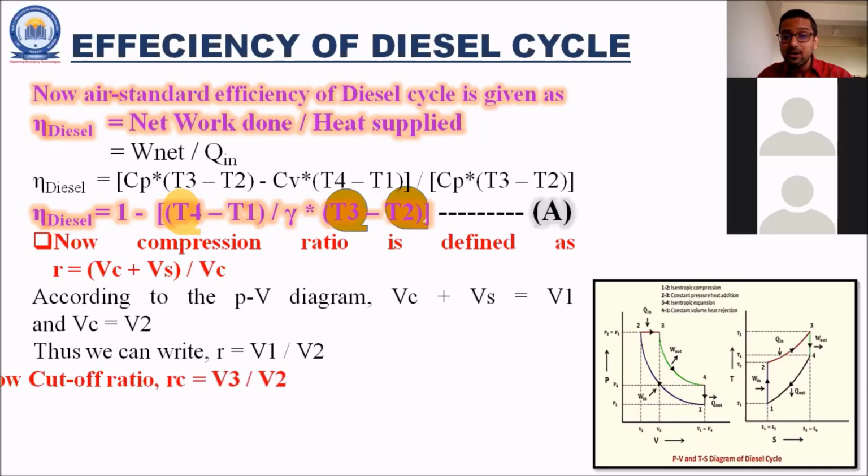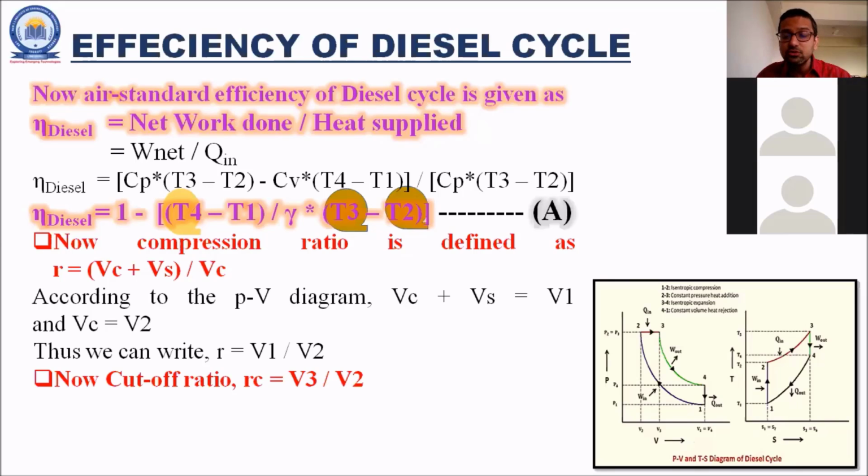Now friends, comes another ratio which I had already explained to you in the processes in the PV diagram, that is the cut-off ratio. If you remember, the cut-off takes place during the process 2 to 3. So writing down the cut-off ratio, that is rc is equal to V3 by V2.